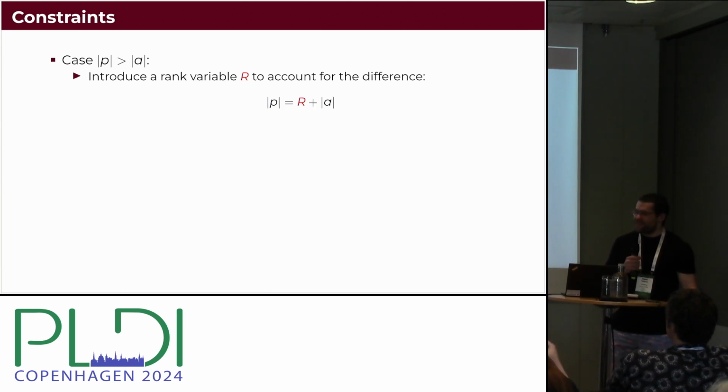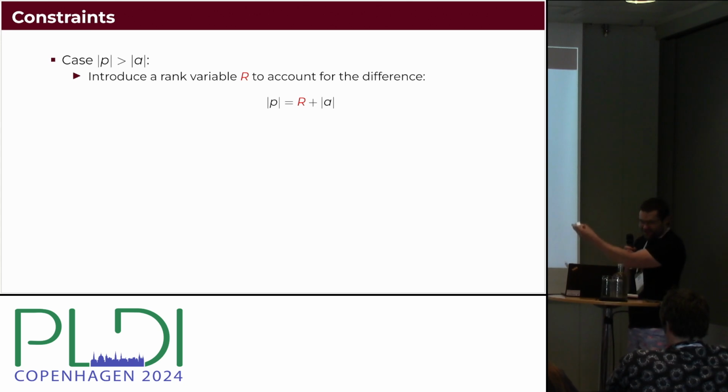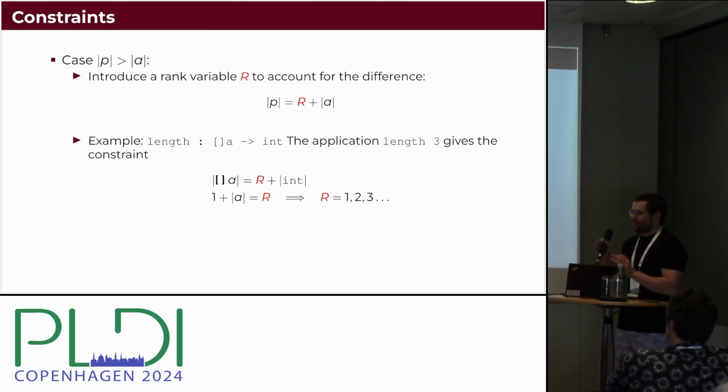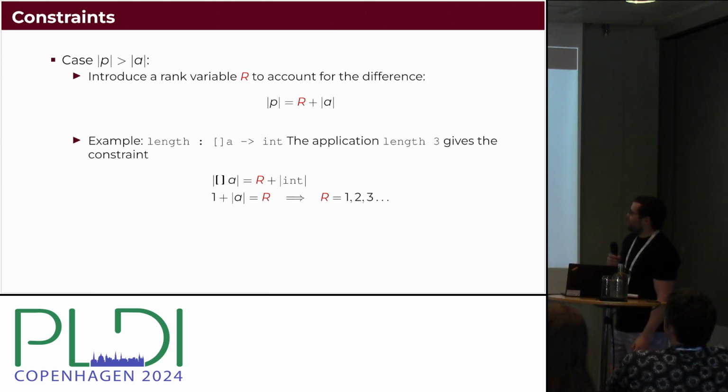Similarly, in the other case, when your parameter type has higher rank than the argument, we introduce another rank variable, r for rep, and we play the same game. Here we're using length. I know length itself is a little bit of a funky thing in terms of repping, but ignore that. So just look at the constraint just to understand. So if we're applying length to 3, we're going to have to rep that 3.